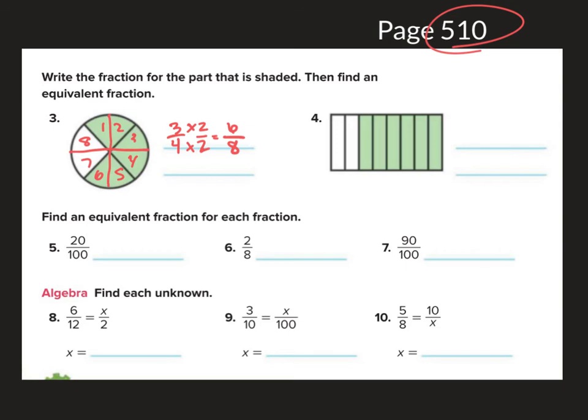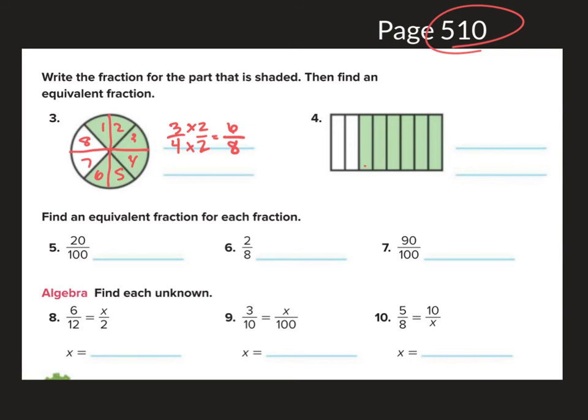All I changed was, I cut them into smaller pieces. What would happen if I multiplied it by 3 over 3? Instead of cutting each piece into 2 equal pieces, I would be cutting them each into 3 equal pieces. And that's why we can do this, because we're not changing the value of the number itself. We're just cutting it into smaller pieces.